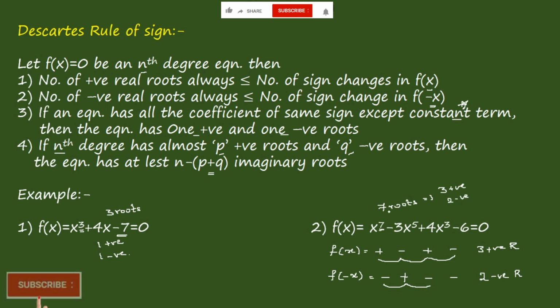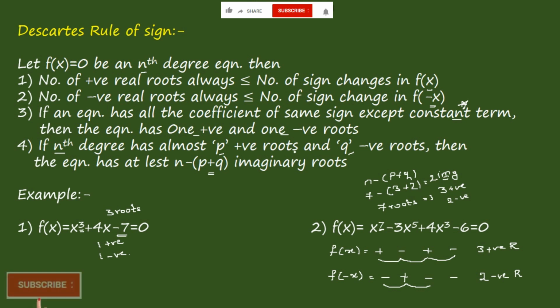Then the imaginary roots are n minus p plus q, where n is 7, p is 3, q is 2. Substituting, we get 7 minus 3 plus 2, which gives 2 imaginary roots. This is a way to find the number of roots based on sign changes.